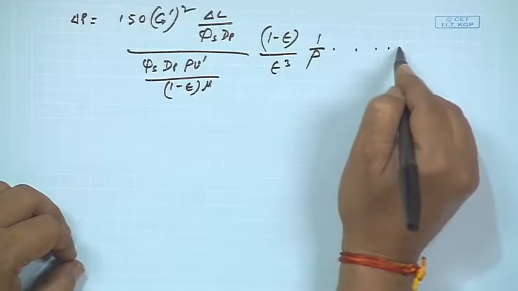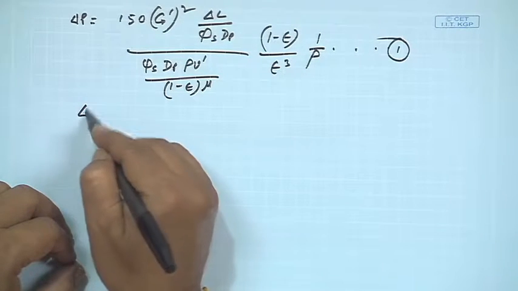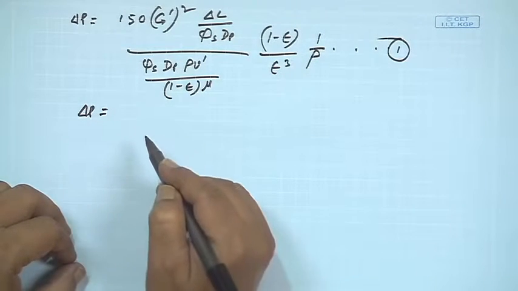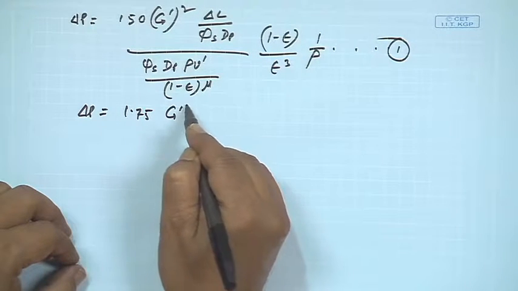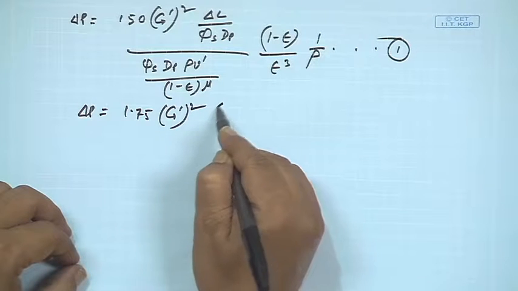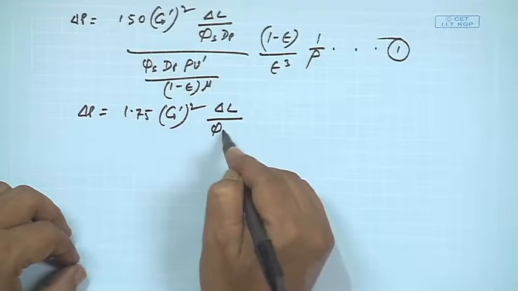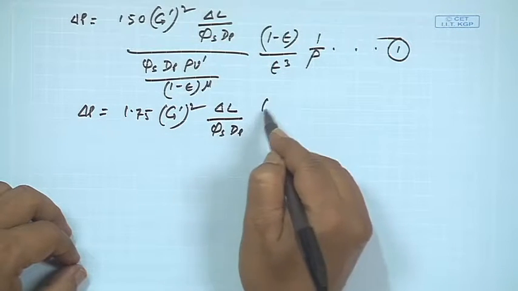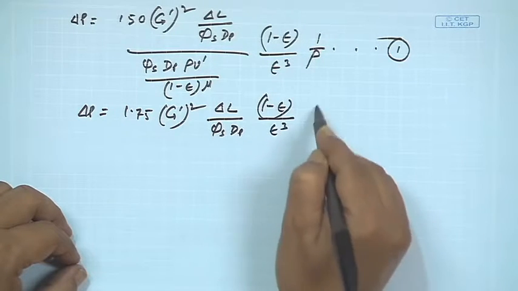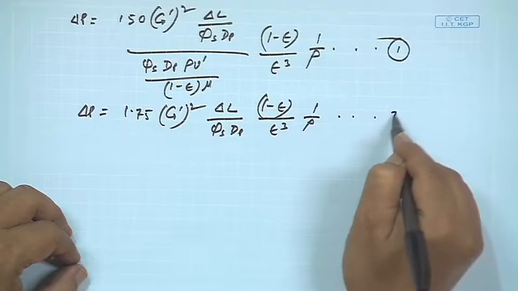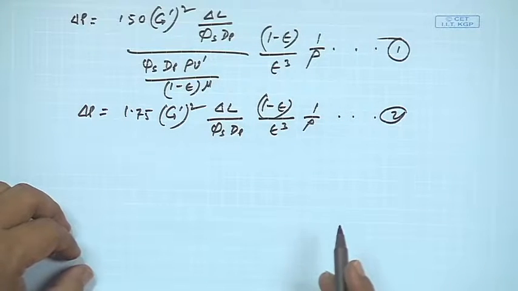This was for equation 1, and another was delta p equals to 1.75 g prime square into delta L by phi s dp into 1 minus epsilon over epsilon cube into 1 by rho. This we said to be equation 2.